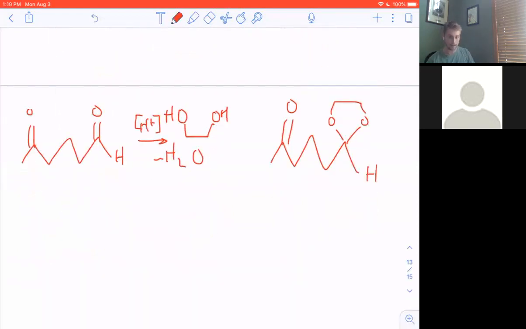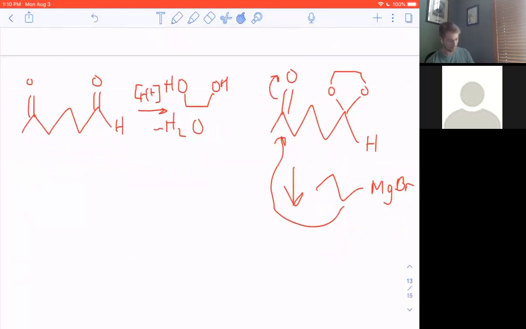So what's going to happen next is you're just doing the Grignard reaction. And so while this is protected, you treat this with a Grignard, which is just a little propyl group that it's adding. All you're going to do then is remember this carbon will attack right here. You're treating with water afterwards, so you will form an alcohol there. So you'll have this original chain.